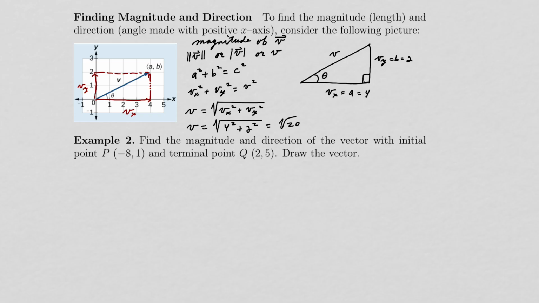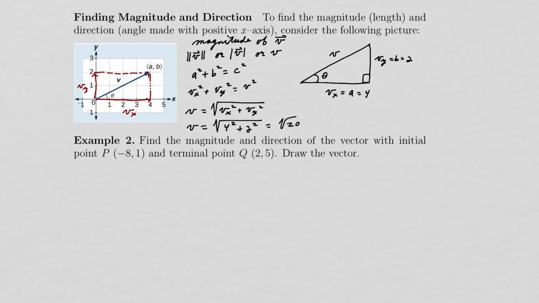What's the direction? The direction is given by this angle theta here. How do I find the direction? Well, I could use trig. I know that usually we use tangent. I know all three sides now, so I could use any trig function. But if I use my original Vx and Vy, or my original a and b, which are the components, I definitely know those, because those were given at the beginning. And notice here that the Vy is my opposite side and the Vx, or the a, is my adjacent side.